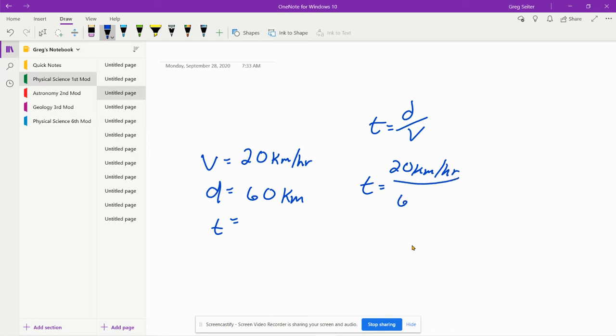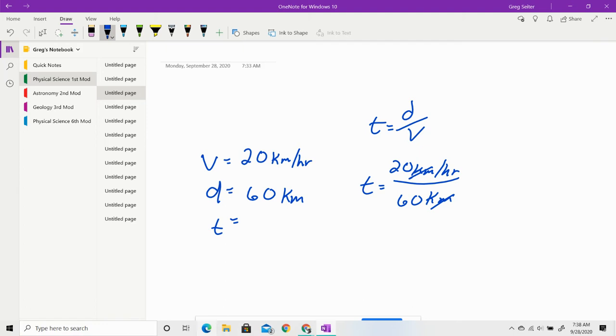Now, this is the thing I want to show you. Now I can cancel out kilometers. Time is in hours. So you can figure that out, and there's your time in hours. All right, let's take a look at the next one.